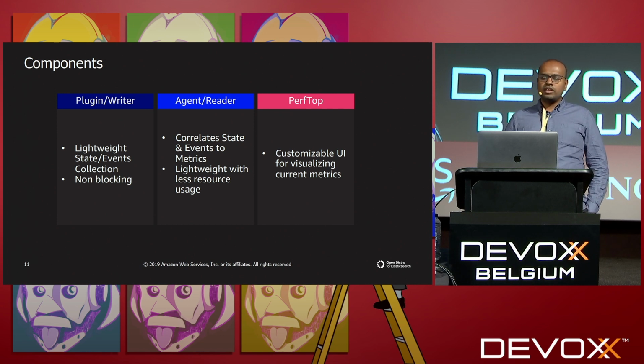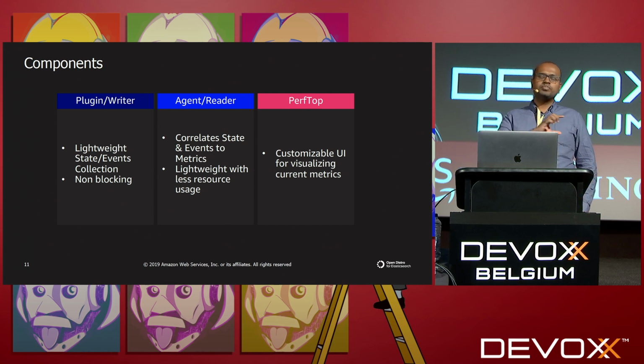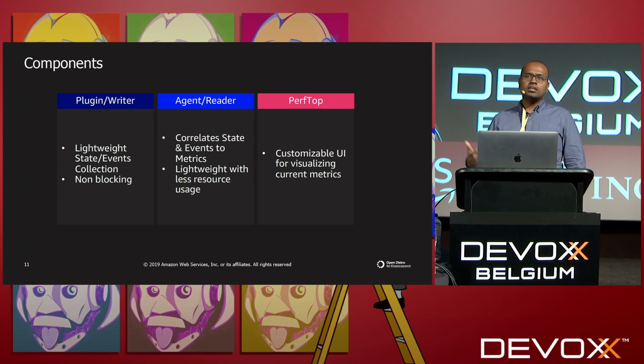The way we solved it is there are three different components. The first one is a plugin, which we call the writer, which sits inside Elasticsearch and instruments. It sits in the critical path. So every single search request that you send, every single write request, the bulk ingest request that you send is instrumented, and we emit events into an event log. This event log will have events started for every search request, for example.